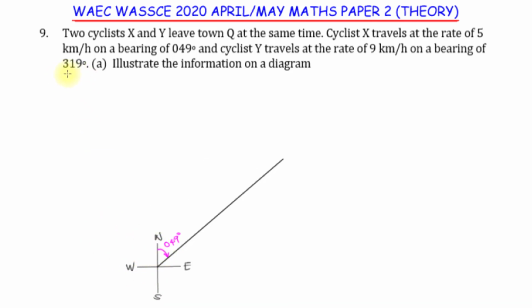But here we are told it is 319, so that will be in this last quadrant between 270 and 360. So we are moving somewhere like this, and this will be 319 degrees. We can take that bearing straight up to where cyclist Y will be located.